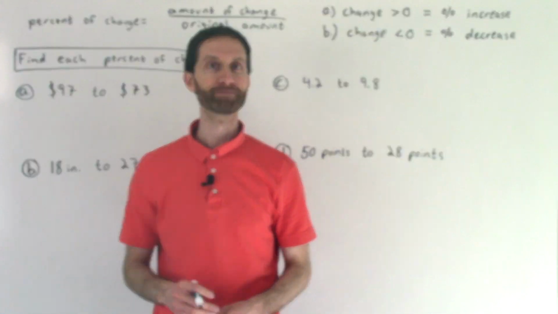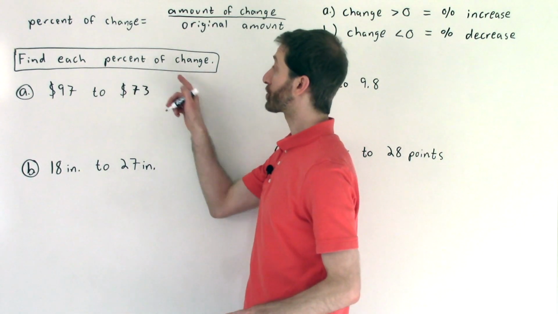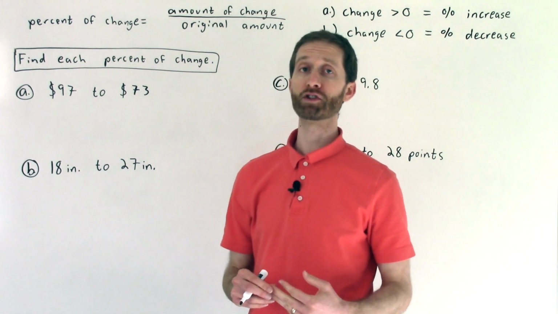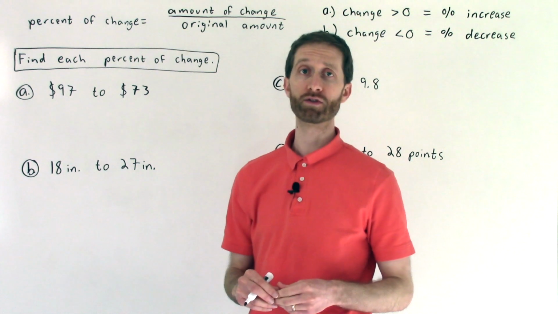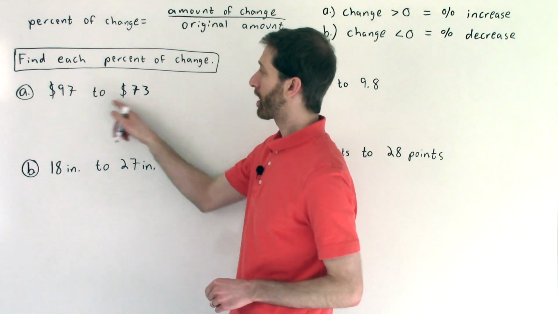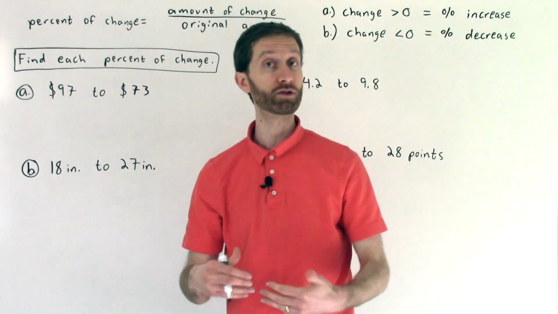We shall. So what we have here is find each percent of change. And you're also going to be asked to clarify whether or not the percent of change is an increase or a decrease. Let's roll. So we've got that we've gone down from $97 to $73. So right from the onset, you know this is a percent decrease problem.